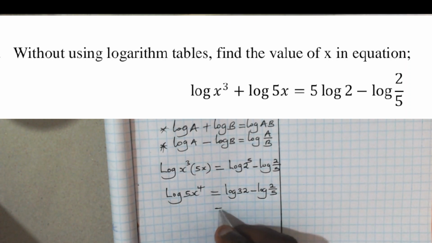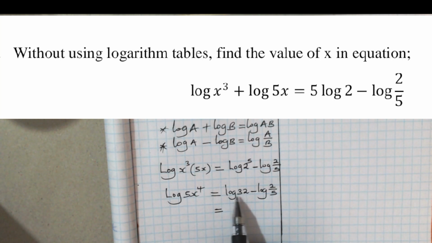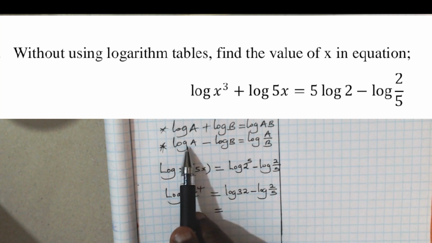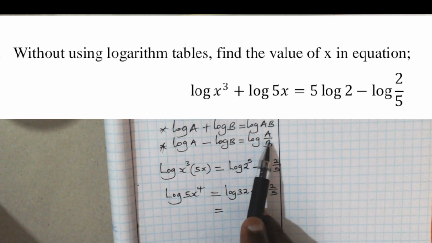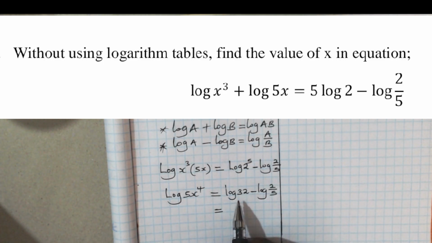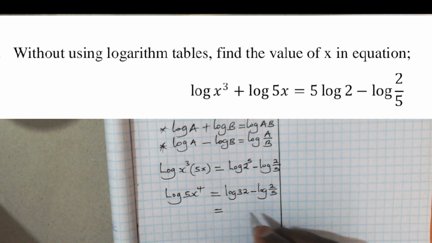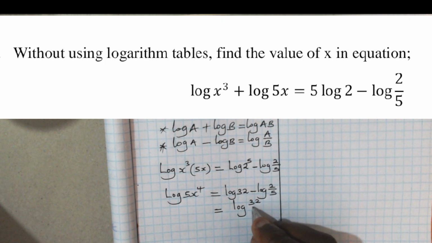Now we can simplify the right hand side using the second law. When you express logarithm of 32 subtract logarithm of 2 divided by 5 as a singular logarithm, you'll get logarithm of 32 divided by 2 over 5.